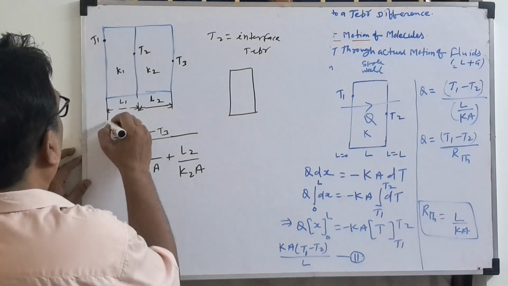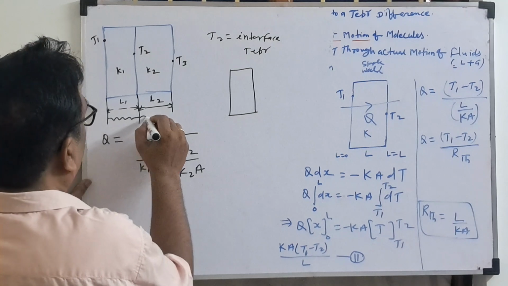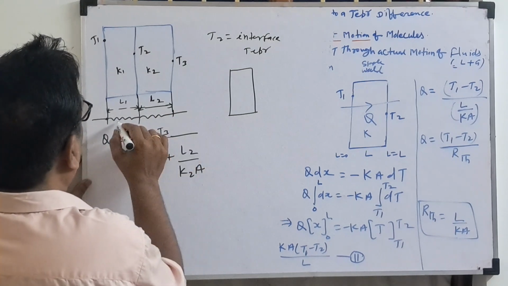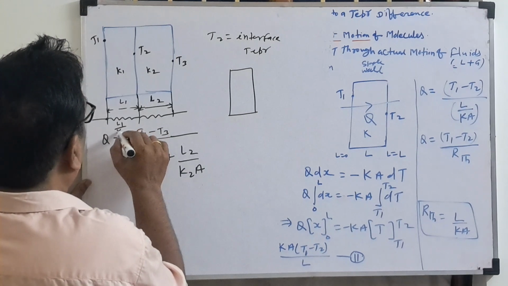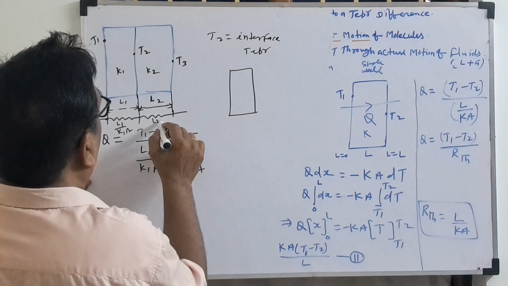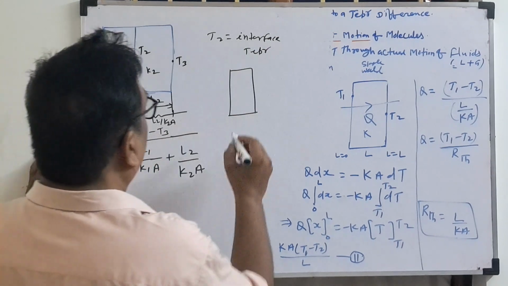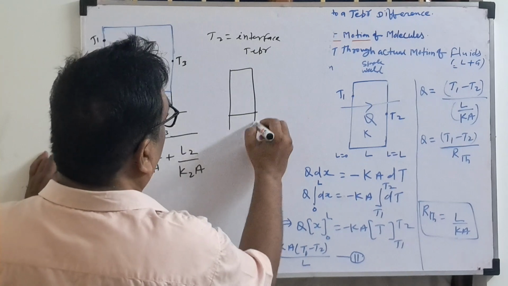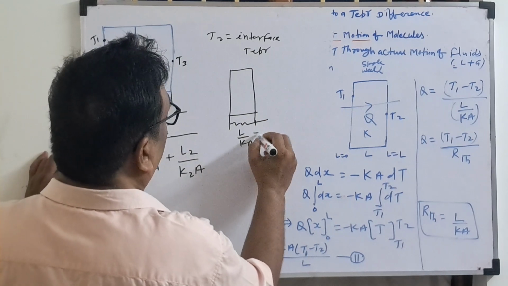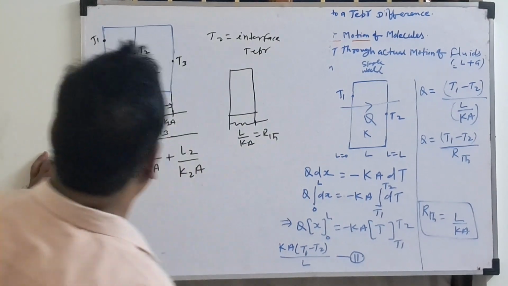If you draw the thermal electrical circuit, this is the point. This is L1 by K1A, and this is L2 by K2A. For a single resistance, thermal resistance is L by Ka. This is called thermal resistance.